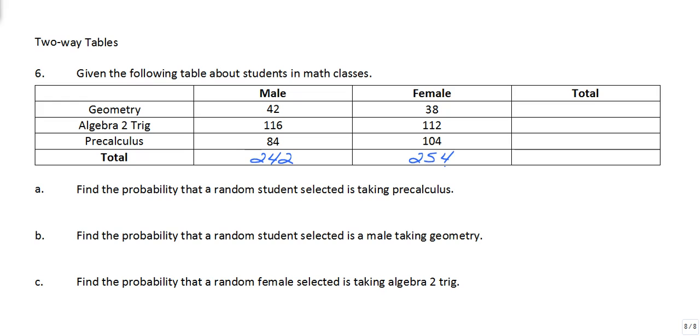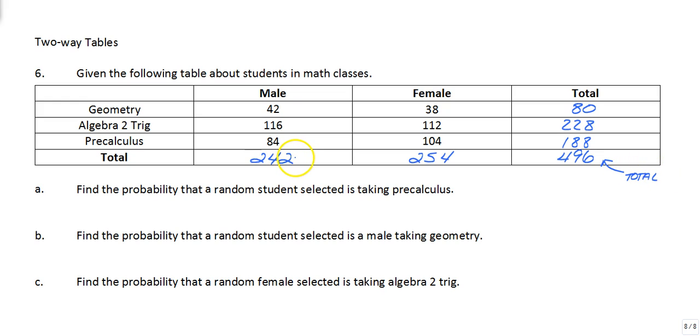And if we go to adding geometry, we would add up geometry and get 80 students. There would be 228 algebra 2 trig students and 188 pre-calc students. And if we were to add all those classes together, or males and females together, we should end up with 496 total students combined.